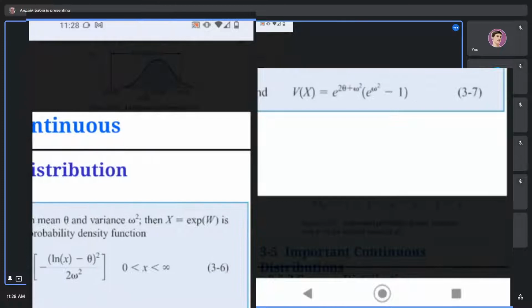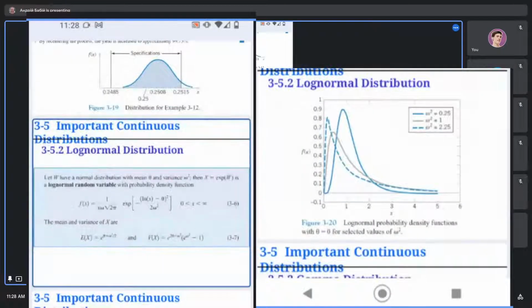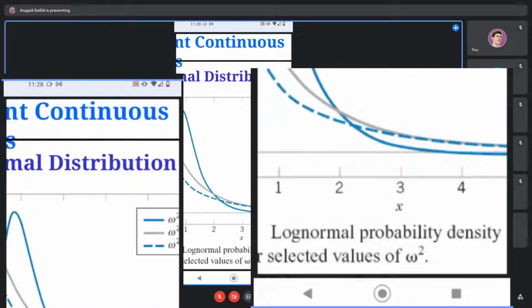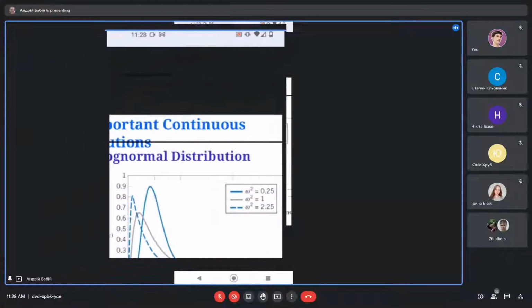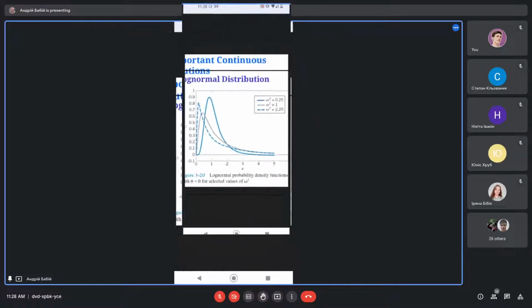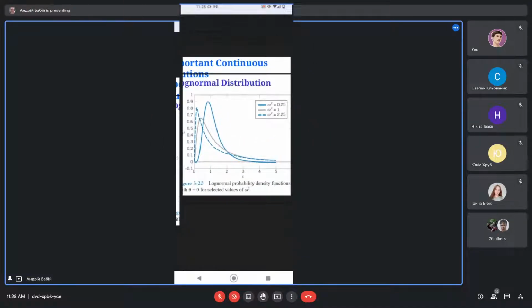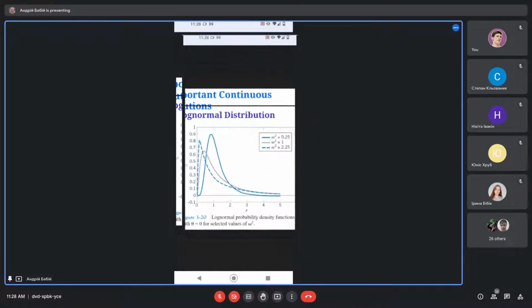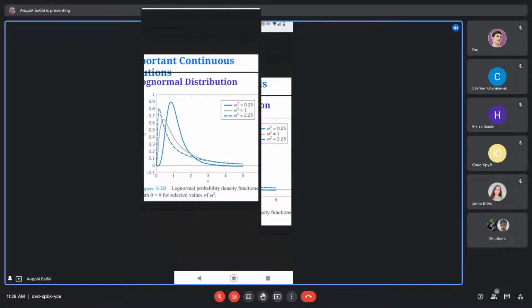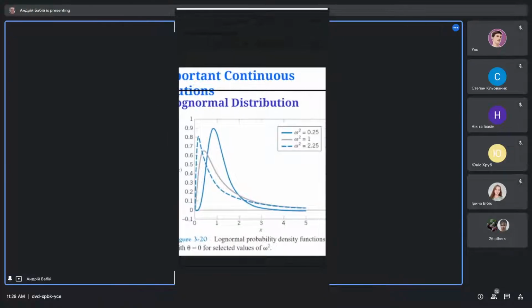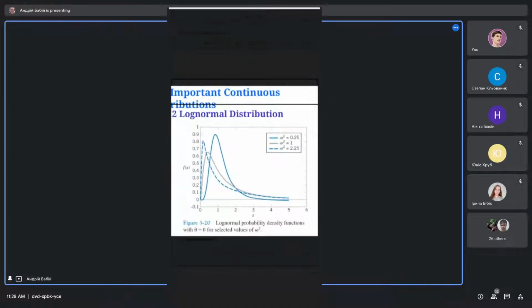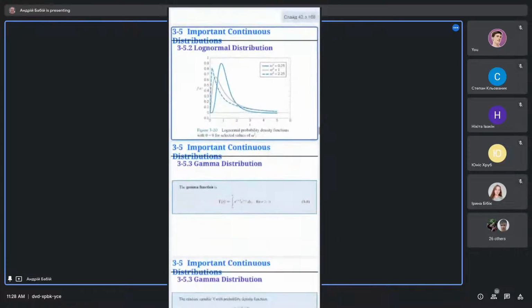You can calculate them with different formulas. And here you can see an example of a log normal distribution graph with different values of parameters.